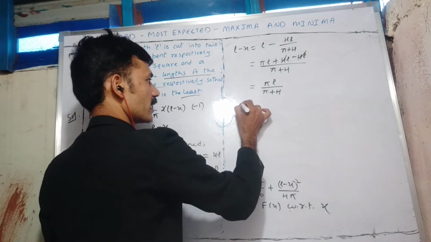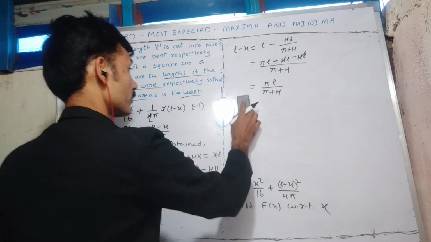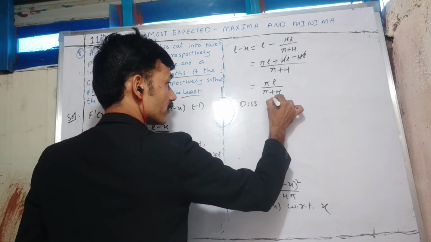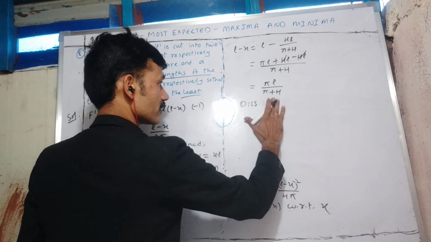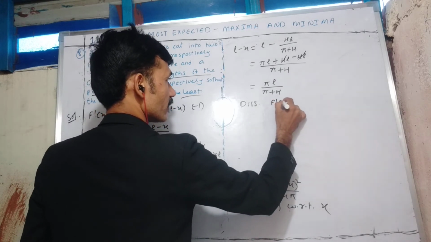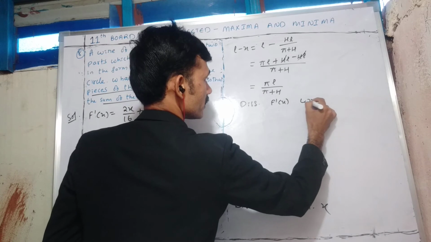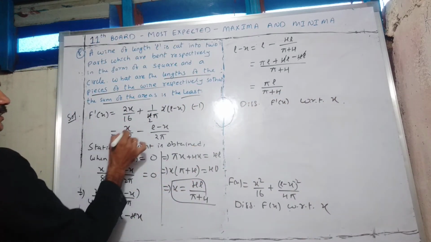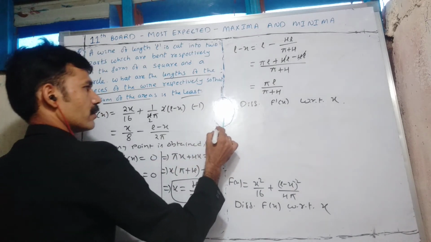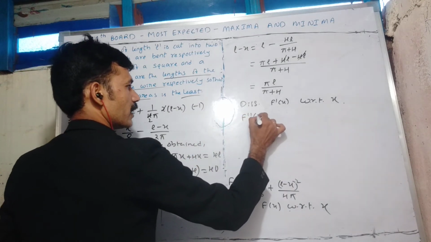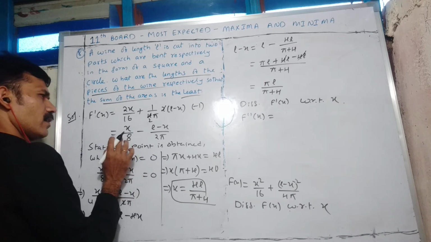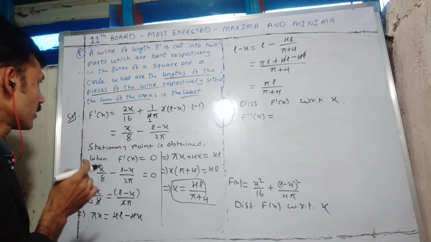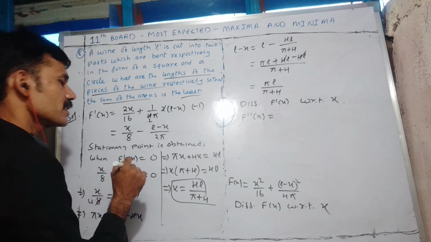That means we have to calculate one more time, we have to differentiate f'(x). See, this f'(x) we have to differentiate with respect to x. f'(x) we got this. Okay. Now we will get f''(x). x if you differentiate, 1.